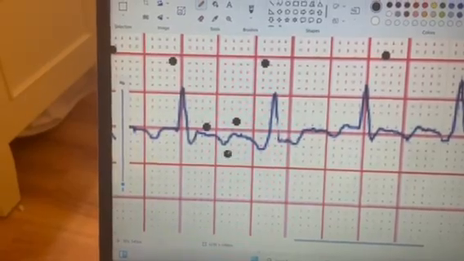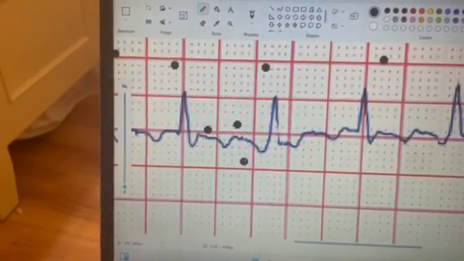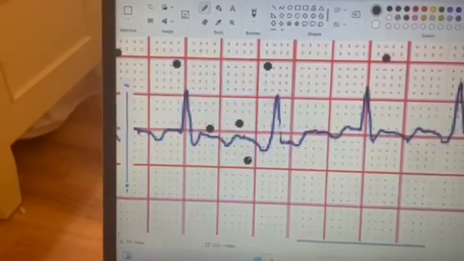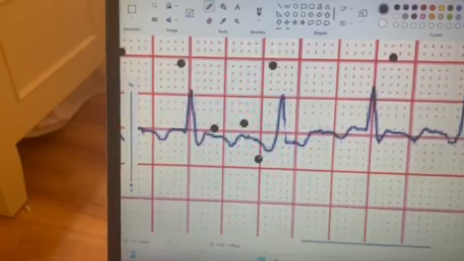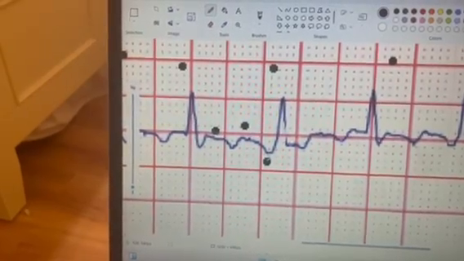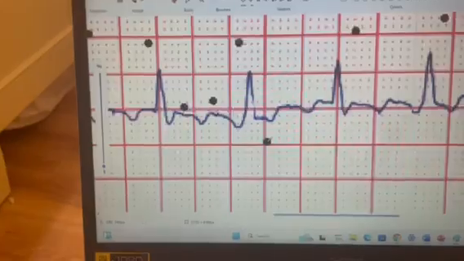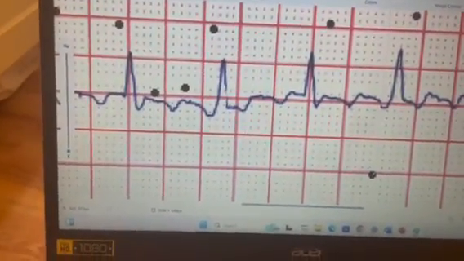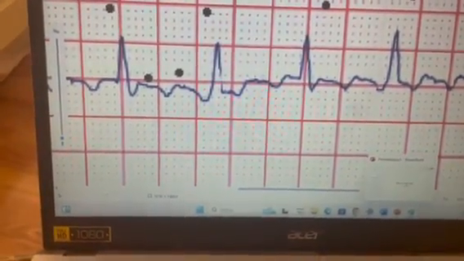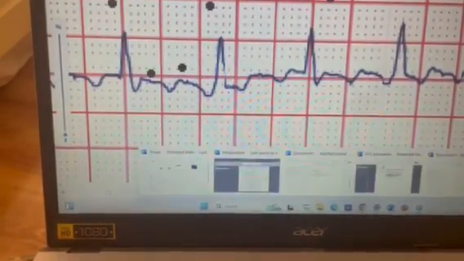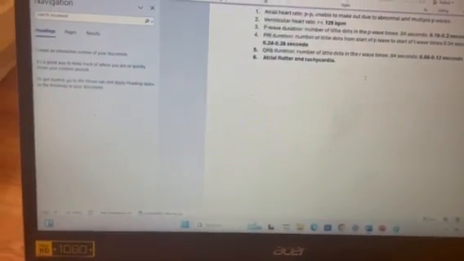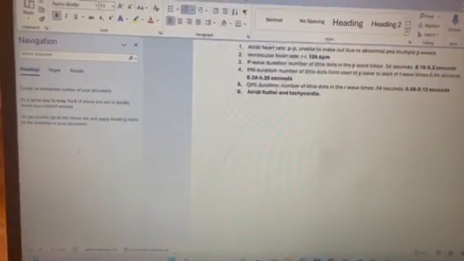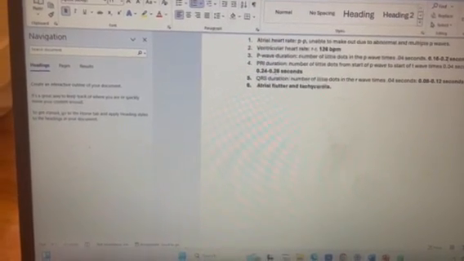Let's count: 1, 2, 3, 4, 5, 6. Sorry, I sometimes struggle with counting. So that was 6 little dots. We multiply that by 0.04 because every little dot is 0.04. So 6 times 0.04 is 0.24. I did another one that was a little bigger, so I put a range of 0.24 to 0.28.